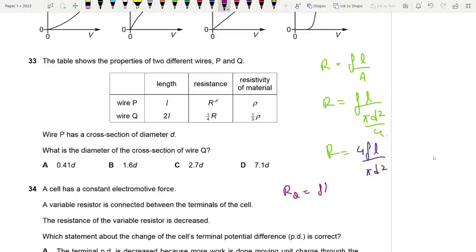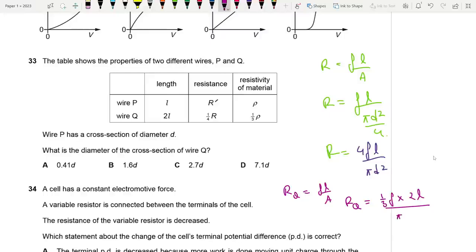So rho L by A, if I input the data properly, the resistance of Q is equal to rho, which is 1/3 of rho, times L, which is twice L, divided by pi into D square by 4.